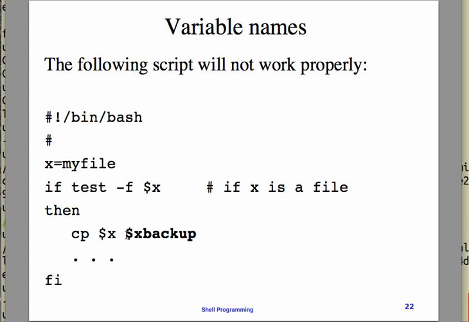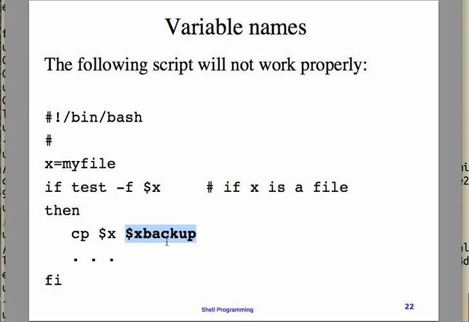The reason is that $x is one thing and $xbackup is one thing. So the way bash treats this, it won't treat this as $x with the string backup added to it. It just treats it as the variable $xbackup.